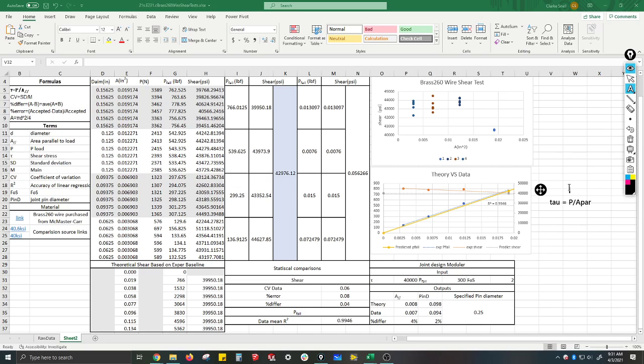So that's why I'm calling it that. Then A parallel equals P divided by tau, right? And so that's what you need to do here.